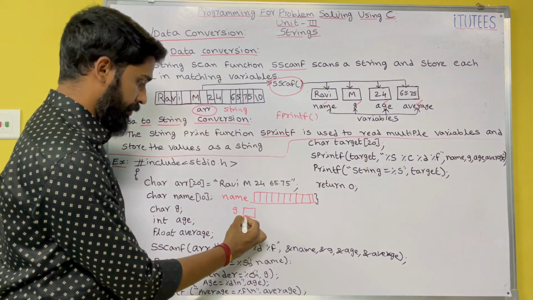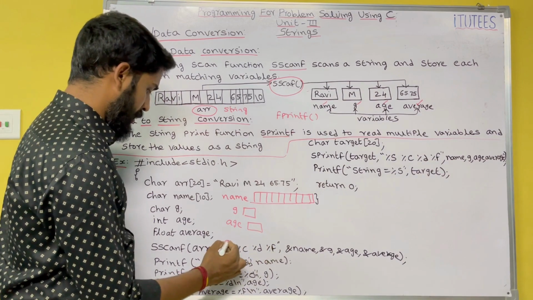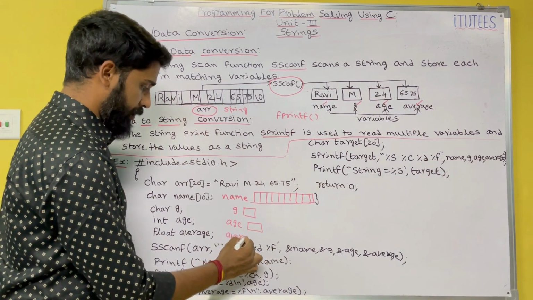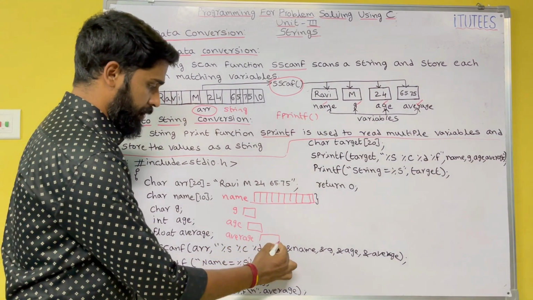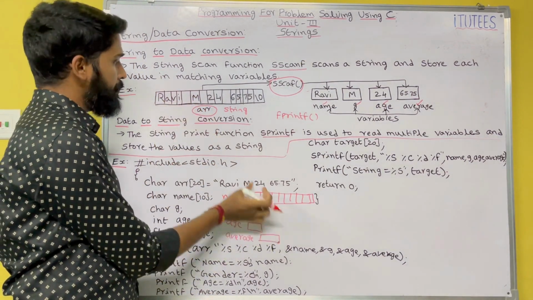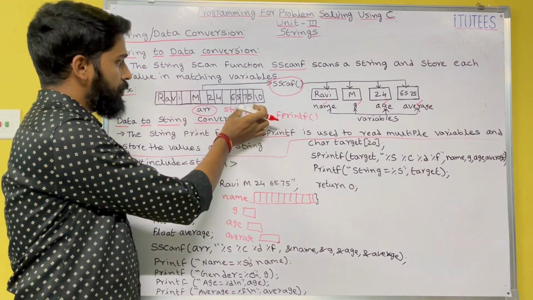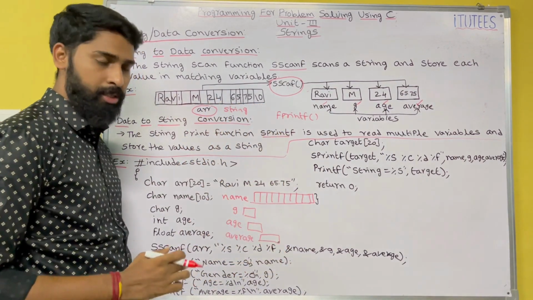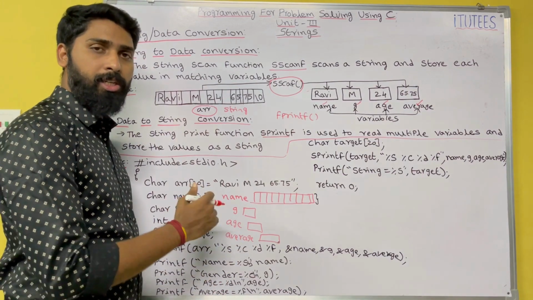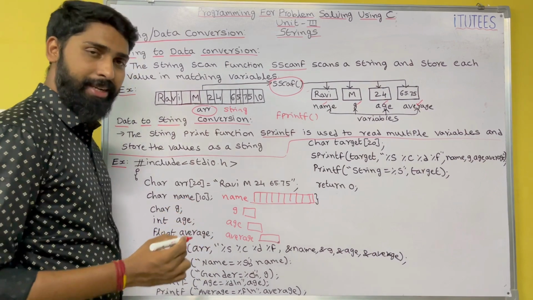So s is an integer variable and float average is a float variable. Now I want to store Ravi in name, m in g, 24 in s, and 65.75 in average. So how can we convert the string into data? By using scanf.